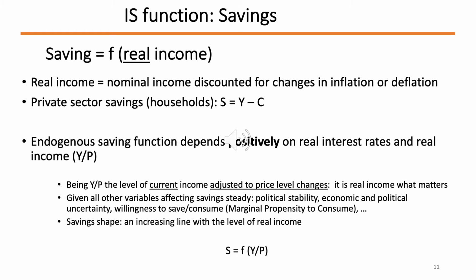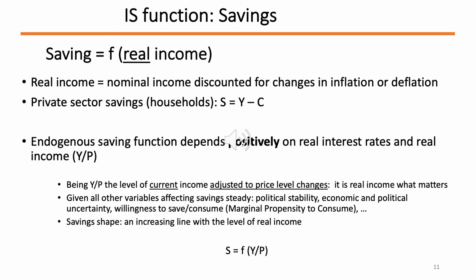And yes, savings are determined within the model. They are positively related to changes in real interest rates. So the higher the remuneration, the interest rates paid on savings, the greater the amounts of savings will be. That's why there is a positive relation between the two.